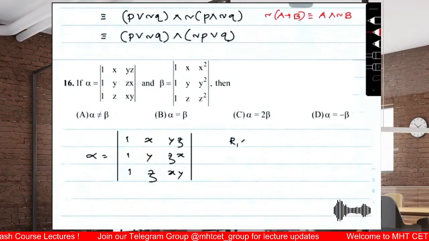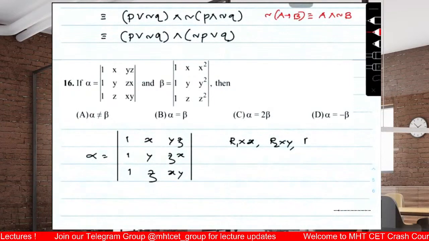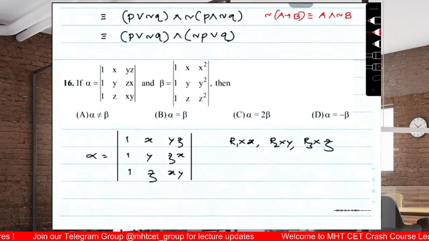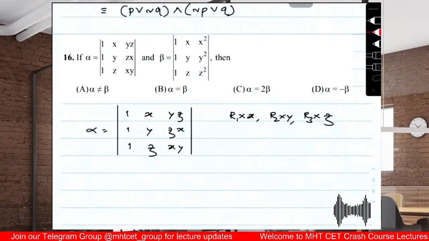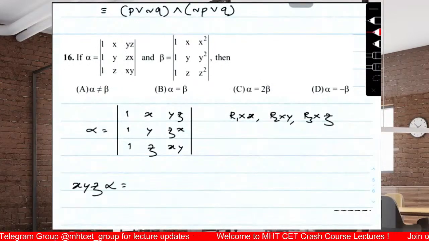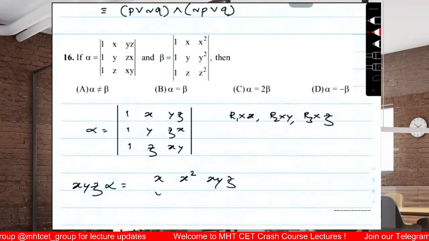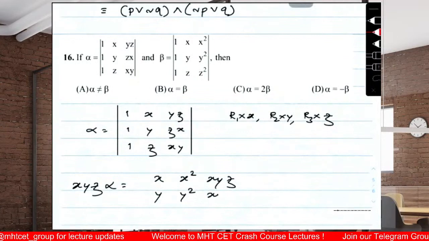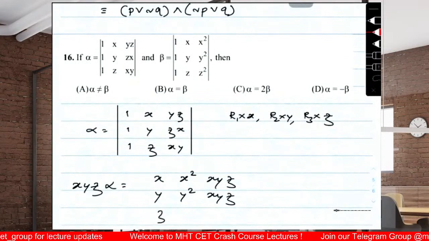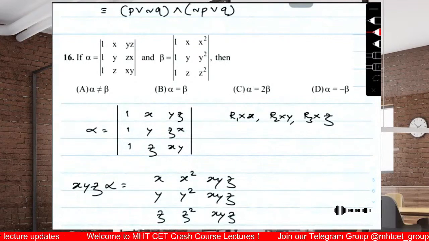That is r1 is multiplied by x, r2 by y, and r3 by z. So determinant will also be multiplied by x, y, z. So xyz into alpha is x, x square, xyz; y, y square, xyz; z, z square, xyz.